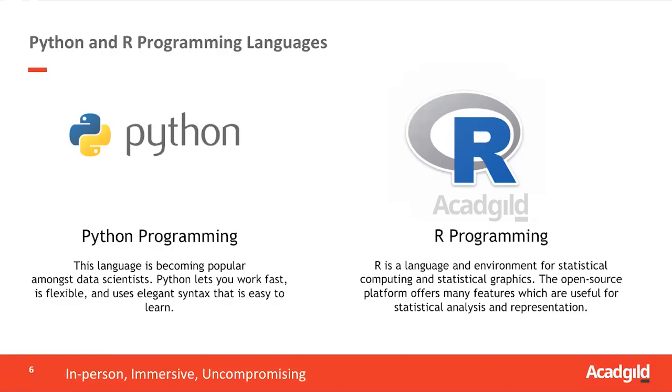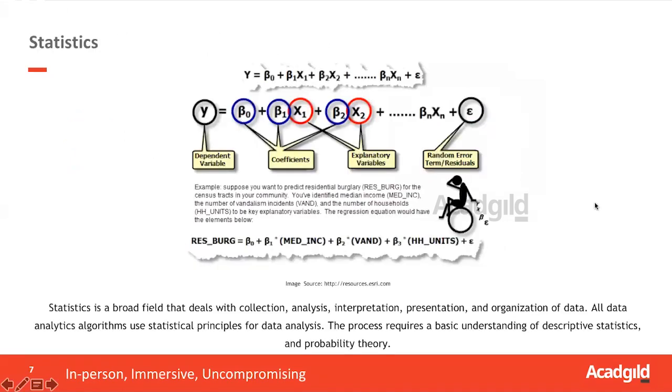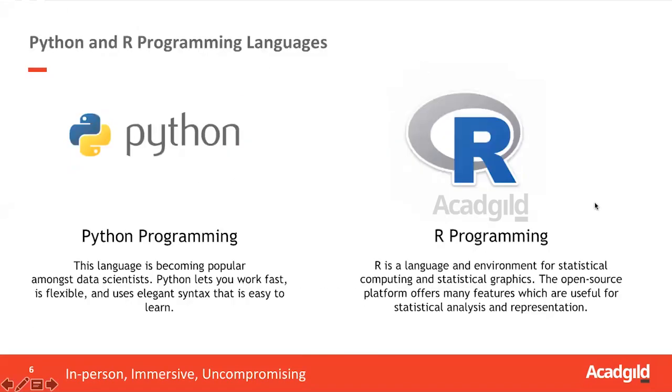You have to decide which one to pick. If you are from a programming background, you would like Python. If you are not from a programming background, then you would possibly like to learn R. If you are from a programming background, Python is good, and you will feel a little comfortable because both languages are object-oriented programming languages.